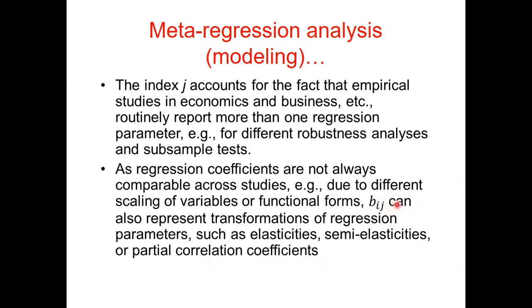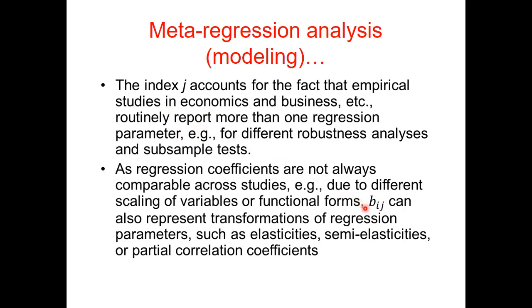Why do I say β_ij? Because these are the individual primary studies' betas, okay? And the index j simply accounts for the fact that empirical studies in economics and business routinely report more than one regression parameter.